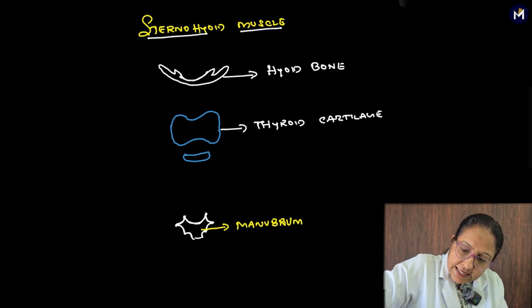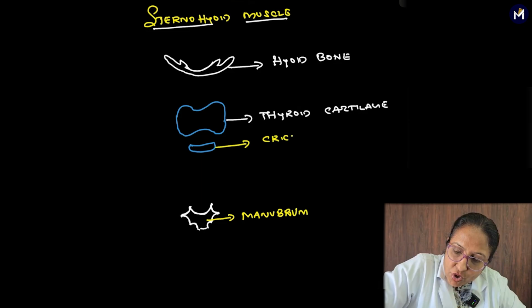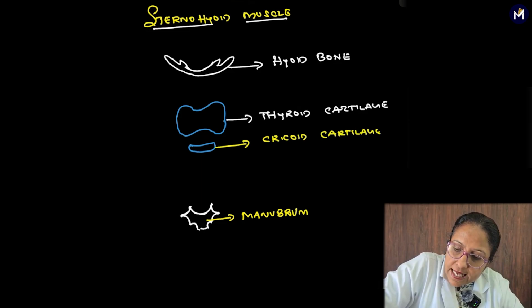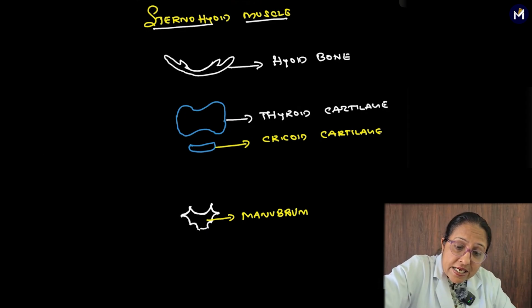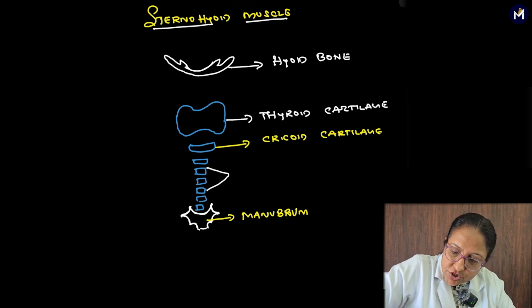So this is cricoid cartilage. Then start the tracheal rings. So these are tracheal rings. So label this as tracheal rings.